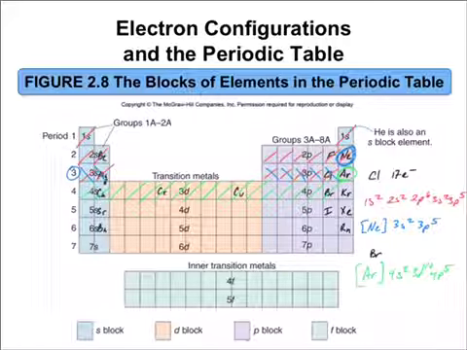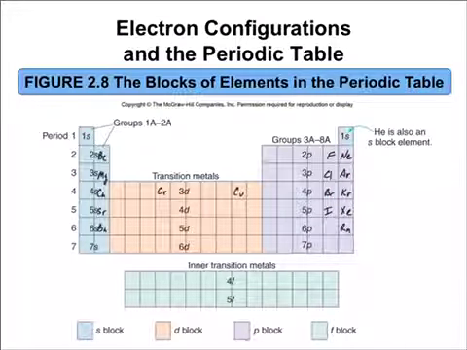Now, there are some funky things that happen, and I do want to point out a couple of funky electron configurations. So we're going to look at chromium and copper. Chromium has got 24 electrons. Now, we would expect that if I just followed through, we'll do the noble gas configuration.